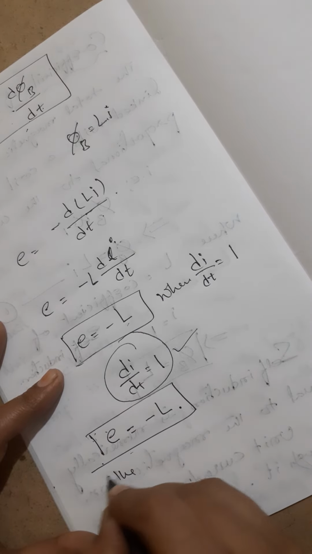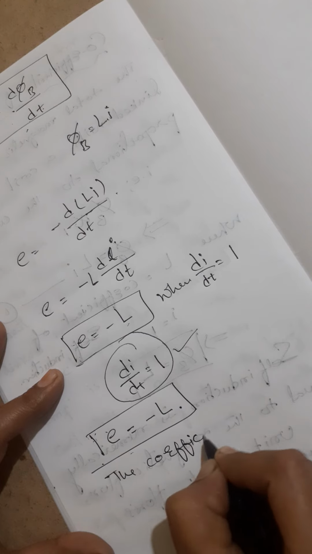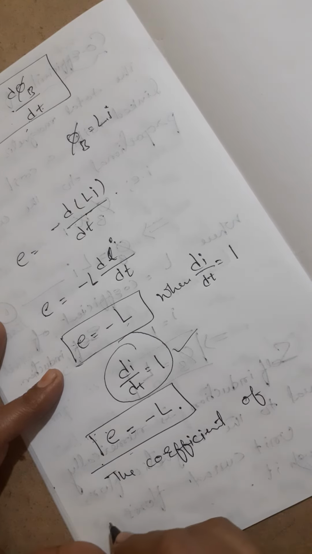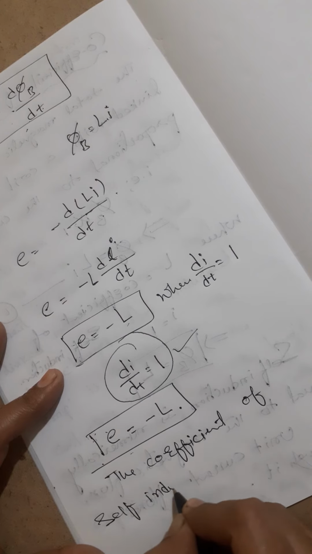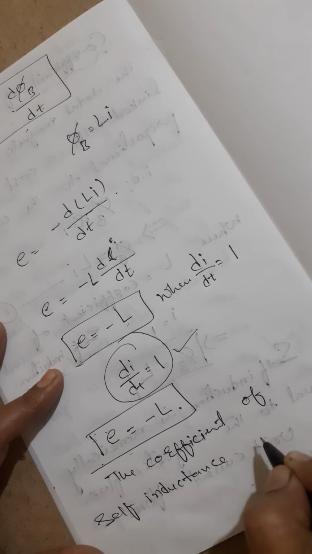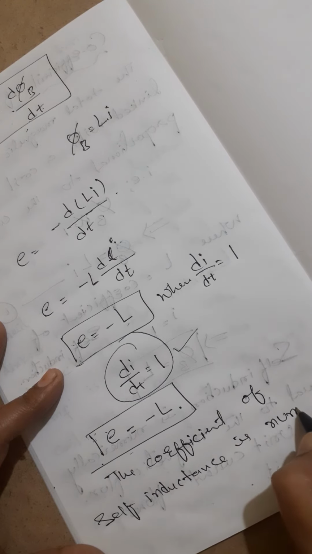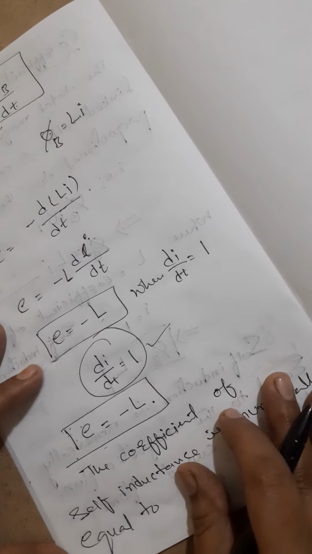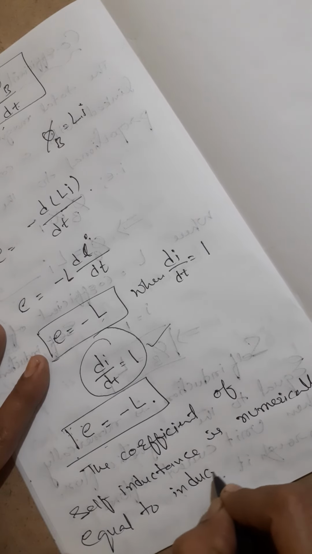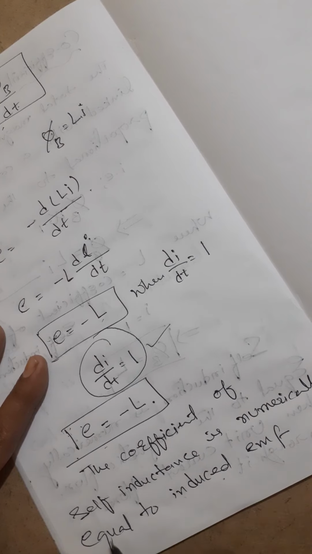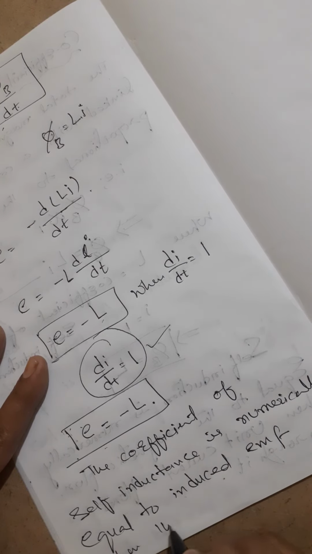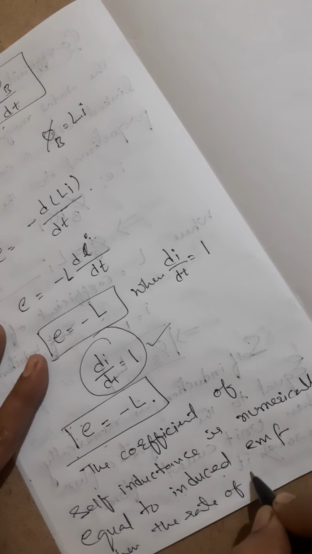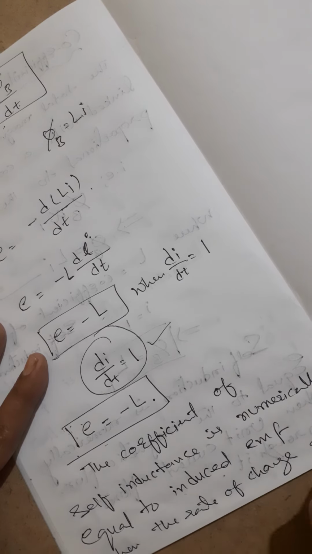So we can write the coefficient of self-inductance is numerically equal to the induced EMF when the rate of change of current is unity.